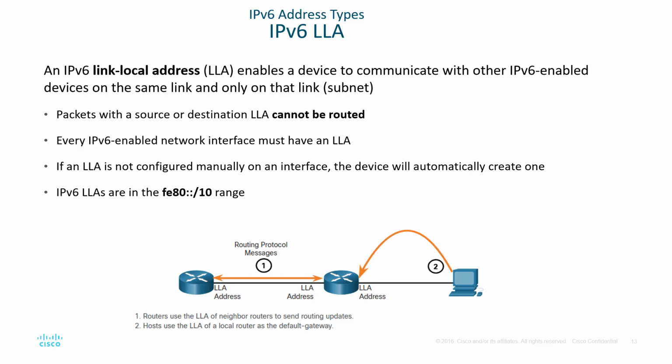The range is FE80::/10. So your routers will use the LLA of neighbor routers to send routing updates, and the hosts will use the LLA of a local router as their default gateway. So a little different in IPv6.